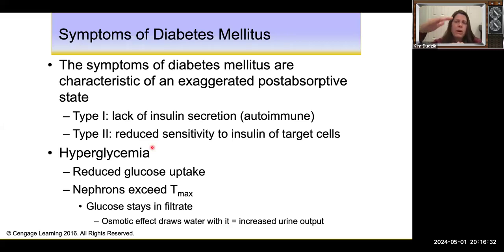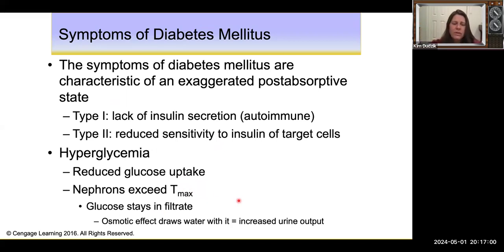Remember, the amount of transporters that do that we referred to as Tmax. But when you're hyperglycemic, because of either type 1 or type 2 diabetes, then glucose stays in the filtrate. Those glucose transporters are occupied. They're too busy while more glucose is coming in. So that fluid keeps flowing and it bypasses those transporters.